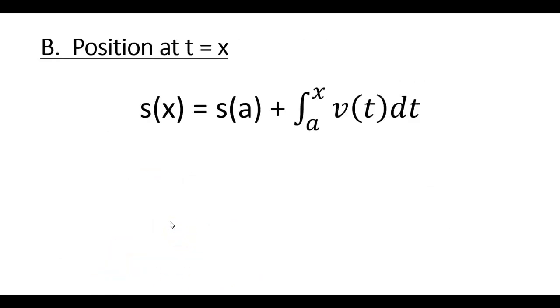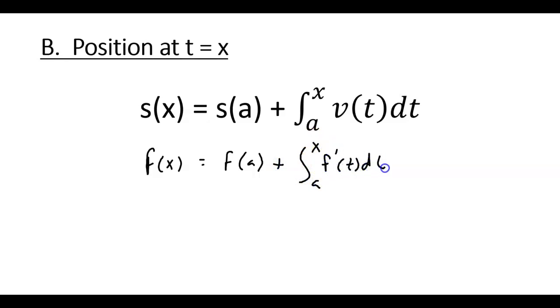So we could take our net change formula that we learned before. As you guys remember, we learned this thing here, right? F of x is equal to f of a plus the integral. These formulas are identical, just we're talking about different concepts. Here, my function is the position function.